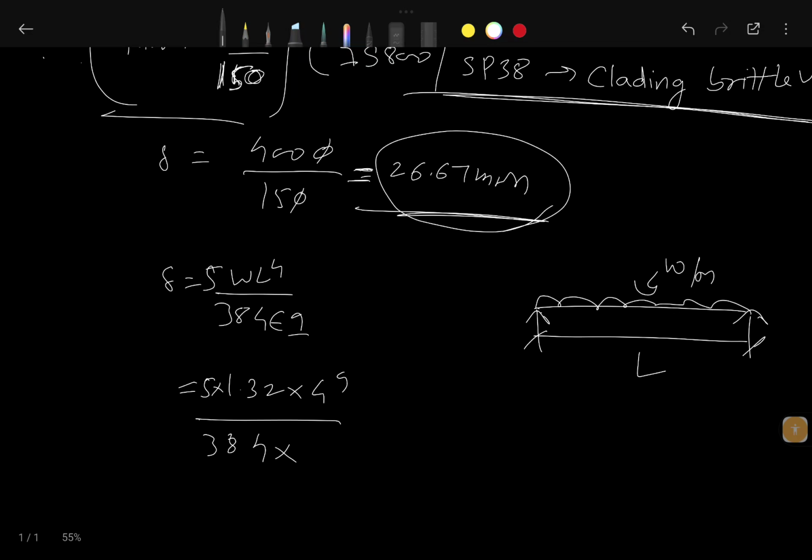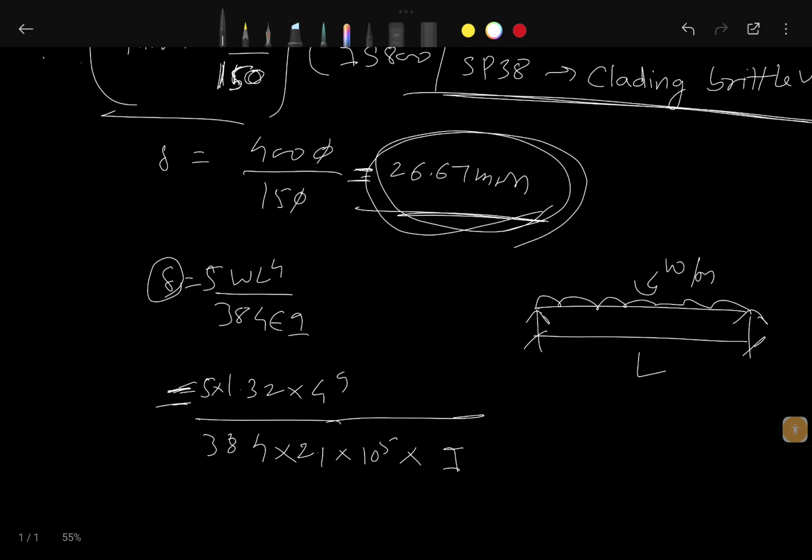E for steel is 2.1 into 10 to the power 5, and I we want to calculate because we have the maximum deflection value, given as 26.67.